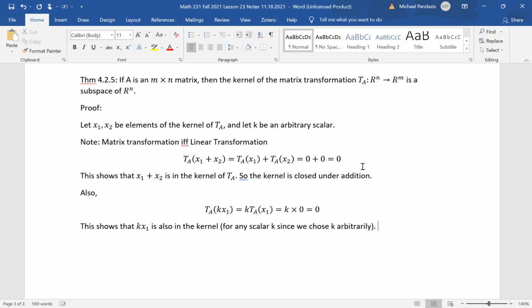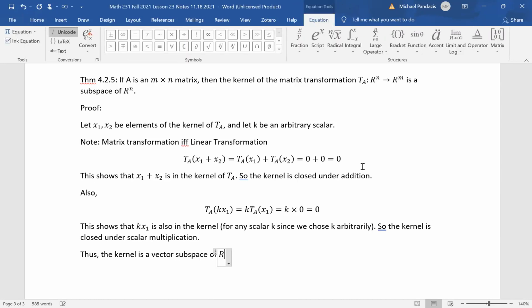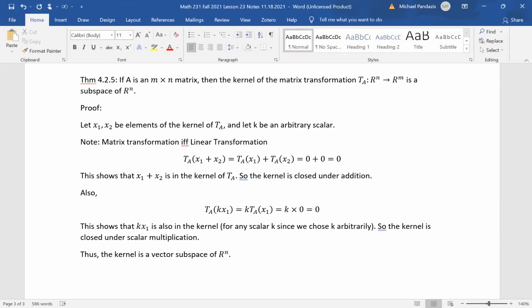Okay, so the kernel is closed under scalar multiplication. And thus the kernel is a vector subspace of Rn. Okay, so that's a proof of that theorem.